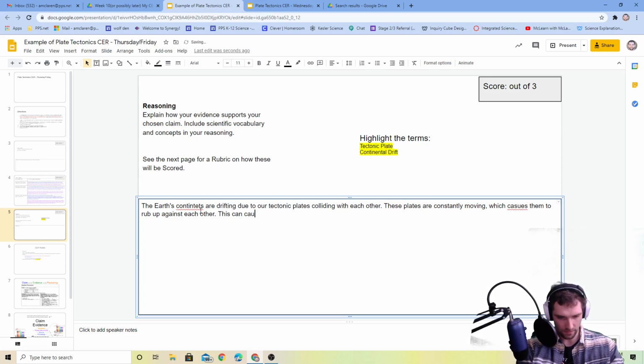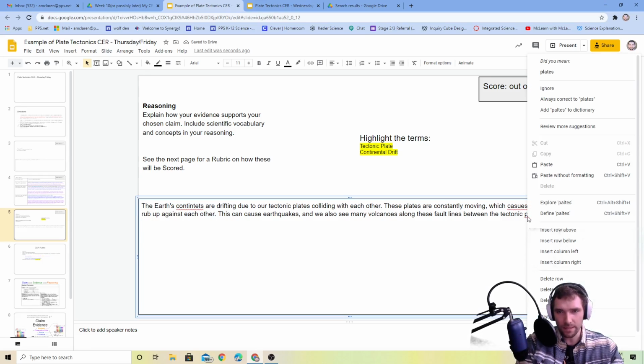This can cause earthquakes, and we also see many volcanoes along these fault lines between the tectonic plates. Something like that. This is the main idea.